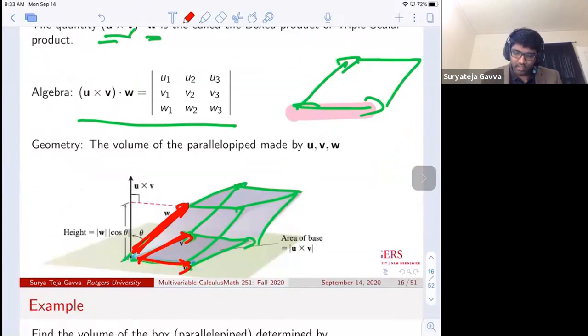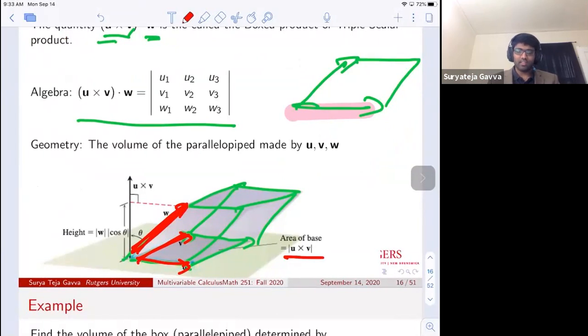The area of the base is the area of this parallelogram, so it's u cross v, as you have seen. And the height of this parallelepiped is the projection of w onto u cross v.